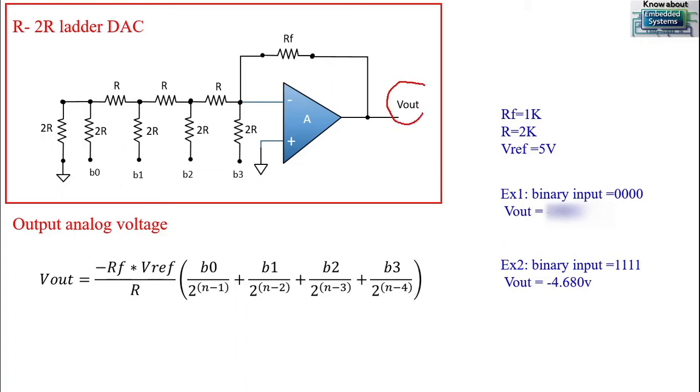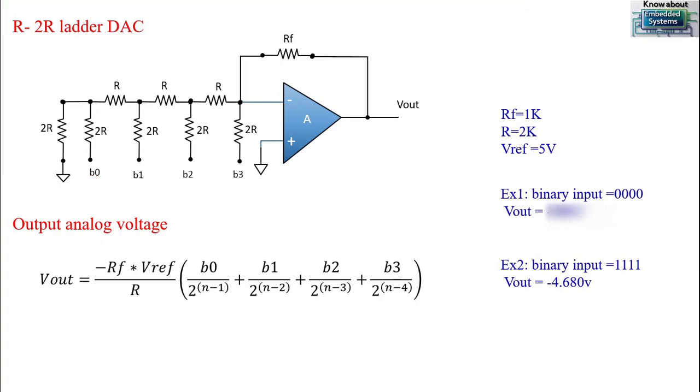The inputs to this circuit are binary bits B0, B1, B2, and B3. These binary bits are the inputs to the R-2R ladder. This is a voltage divider circuit. We use an op amp, an operational amplifier, to produce the necessary gain.